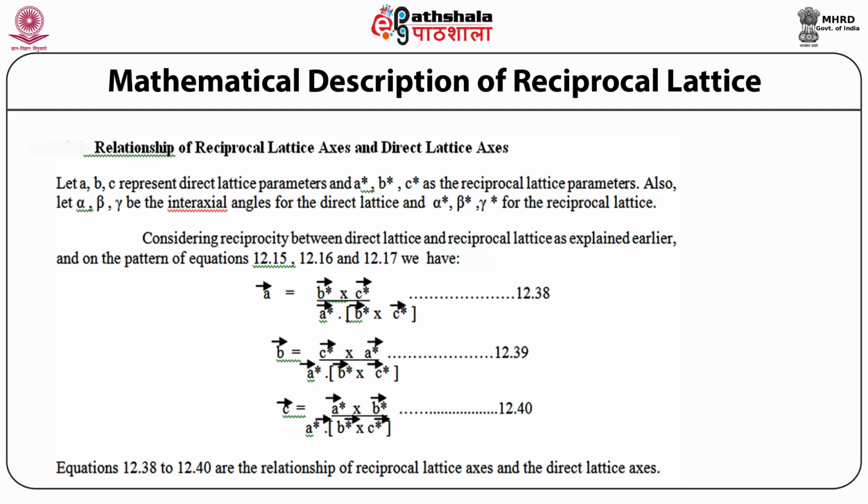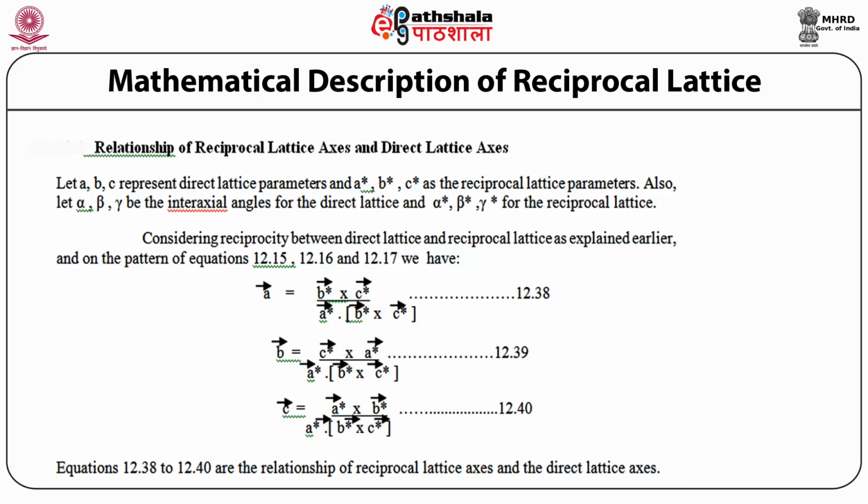Considering reciprocity between direct lattice and reciprocal lattice as explained earlier, and on the pattern of equations 12.15, 12.16 and 12.17, we have a vector equal to b* cross c* upon a* dot (b* cross c*), given as equation 12.38.